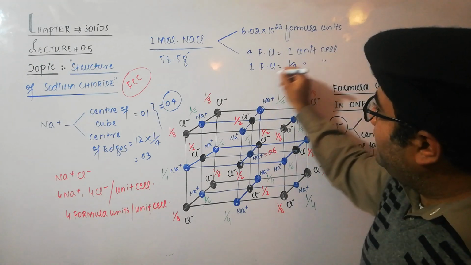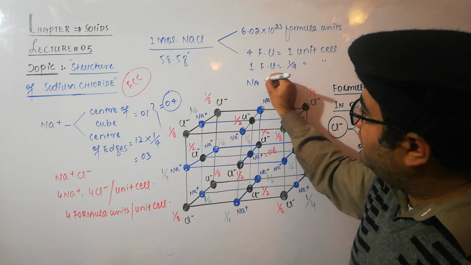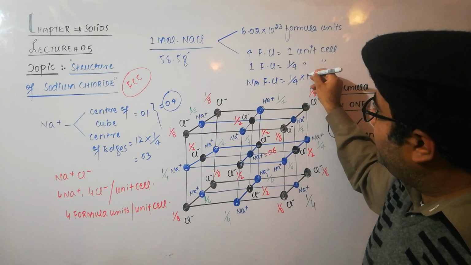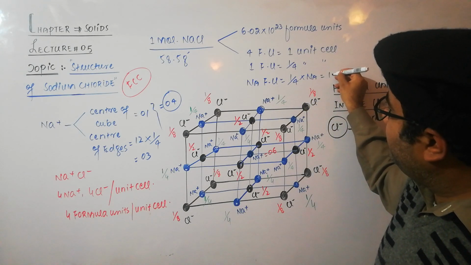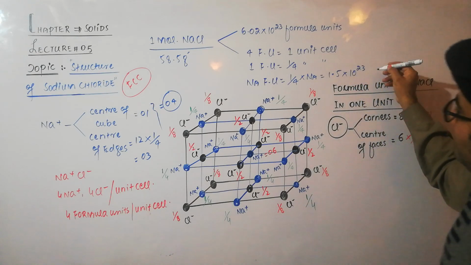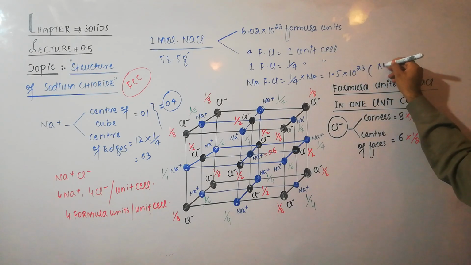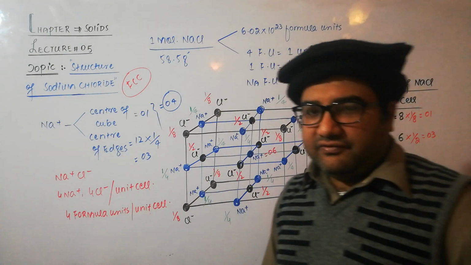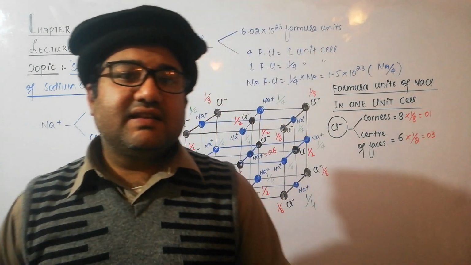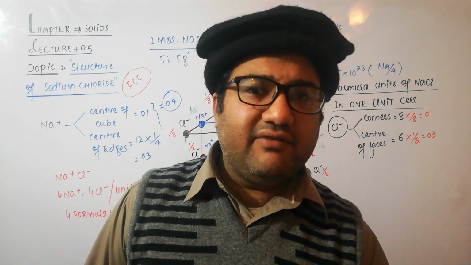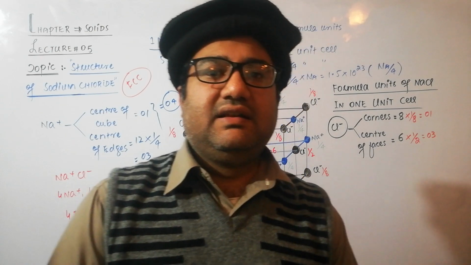And we have Avogadro's number of formula units, so 1 by 4 multiplied by Avogadro's number. It will be 1.5 into 10 raised to power 23, or you can simply write it as Avogadro's number divided by 4. So 1 mole of NaCl has Avogadro's number of formula units, but 1 mole of NaCl does not have Avogadro's number of unit cells.